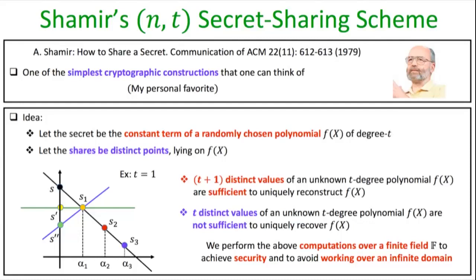It could be this blue line, in which case S double prime could be the secret, or it could be this red line, in which case S prime could be the secret, and so on. It's only when I give you 2 or more shares that you will be able to find out what exactly is the secret which the dealer has shared.